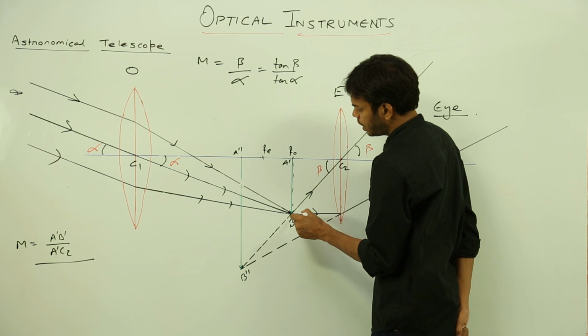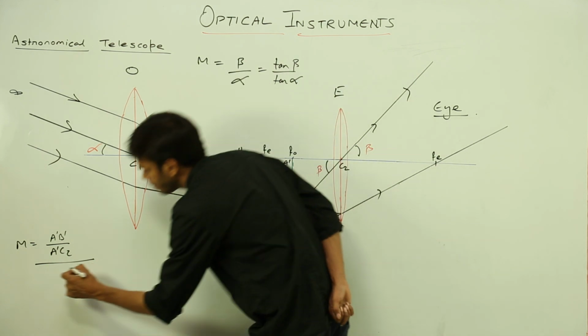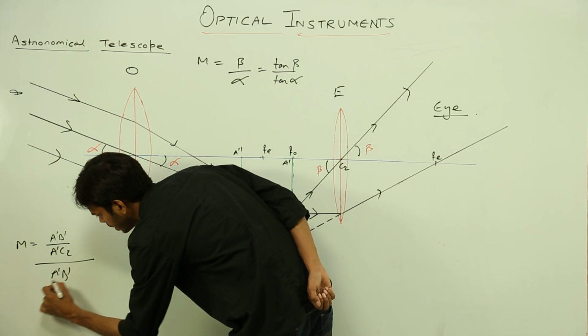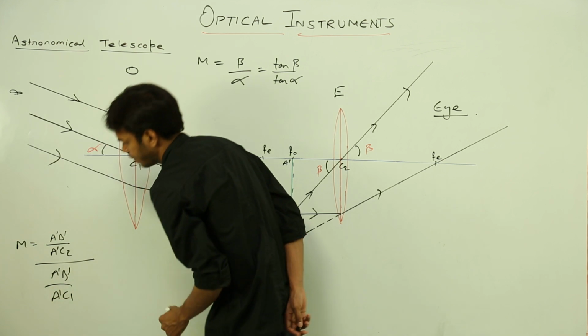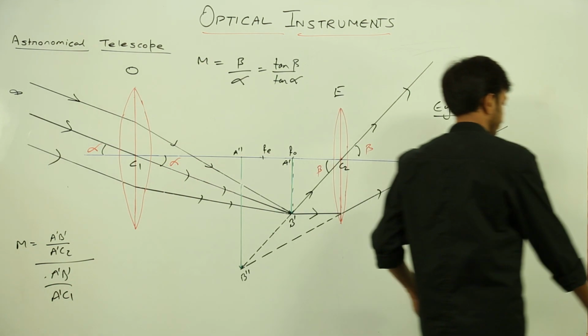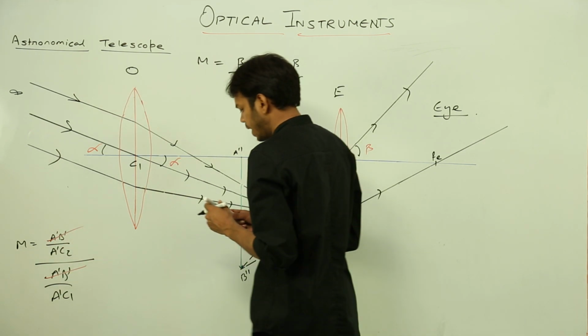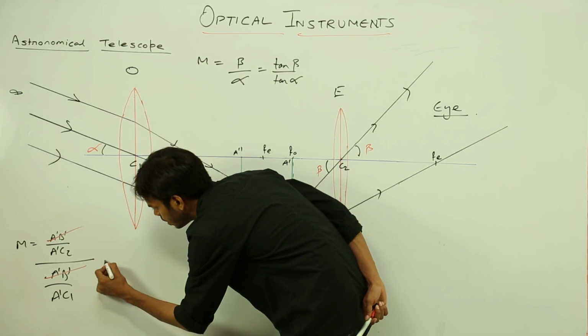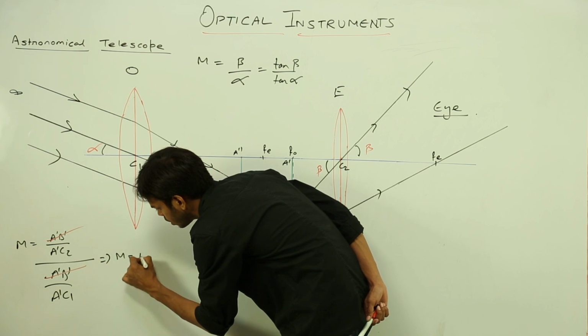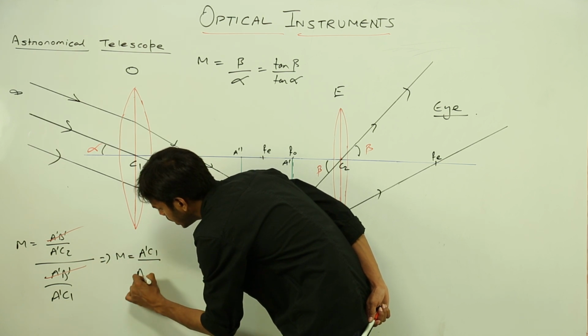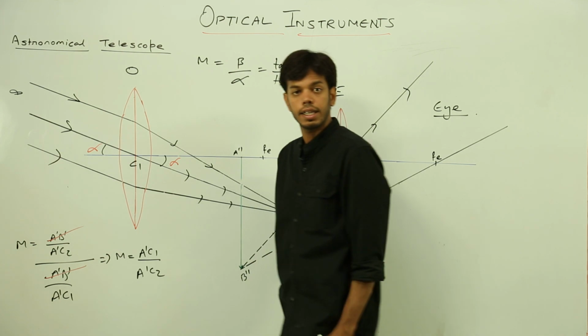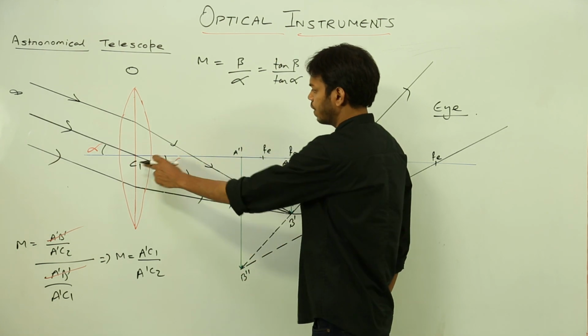So this is A'B' upon A'C1. Now this will cancel out and you are left with, this goes up, magnification is equal to A'C1 upon A'C2, right?